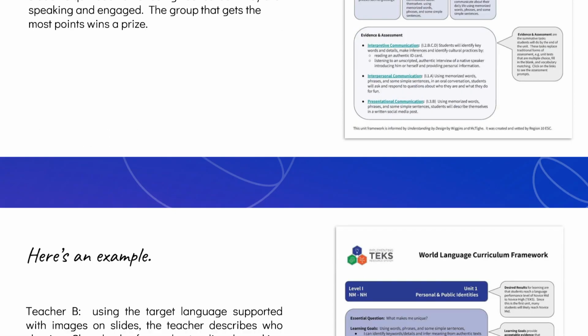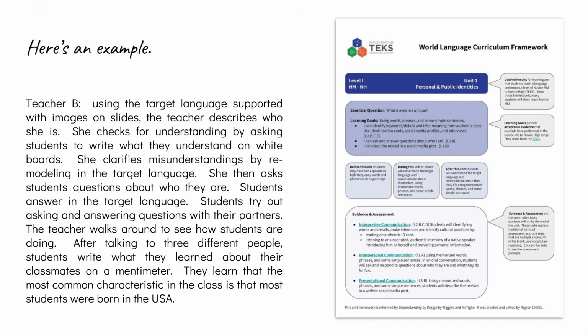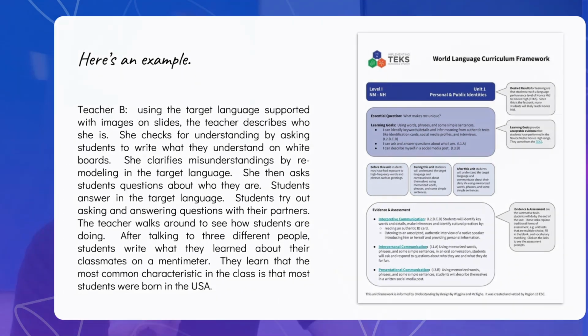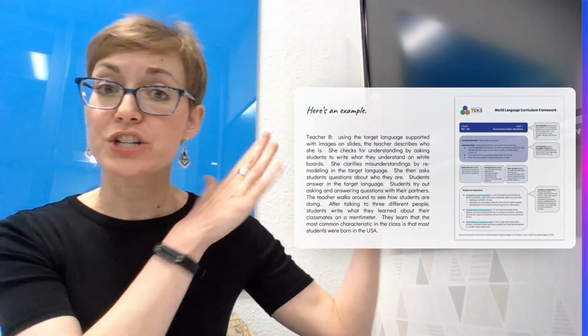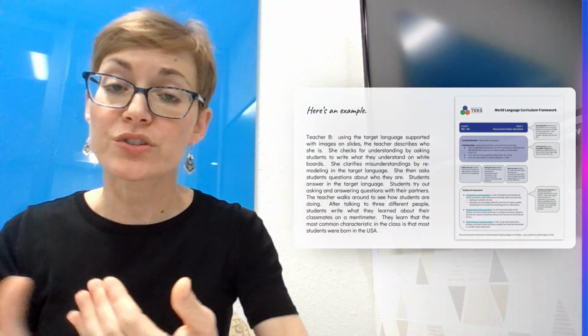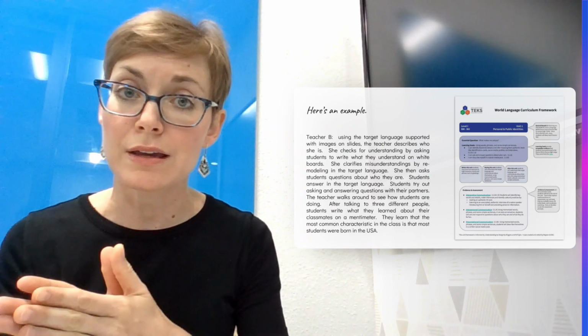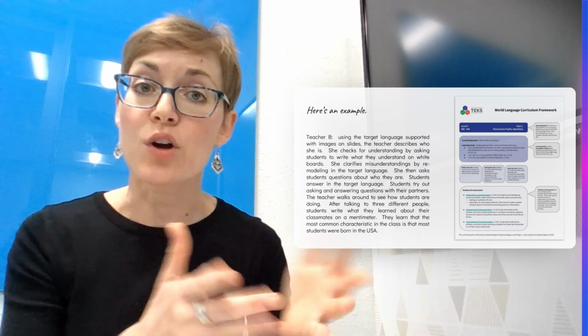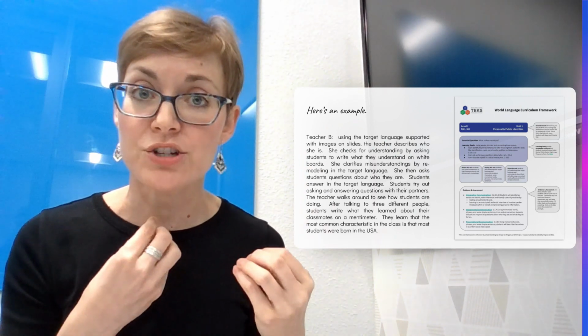Okay, let's look at Teacher B. Teacher B looks at this curriculum framework and looks at that summative interpersonal task. And Teacher B models with the students in the target language how to ask and answer questions about who they are and what they do for fun. She supports her target language discourse with visuals, gestures, and also slows the rate of her speech.